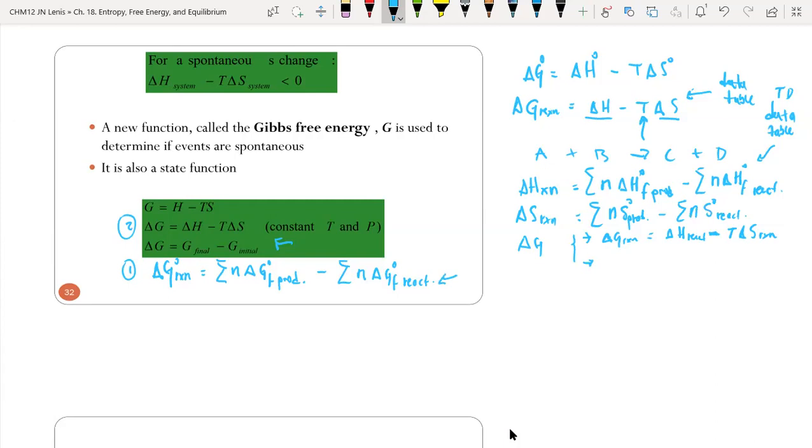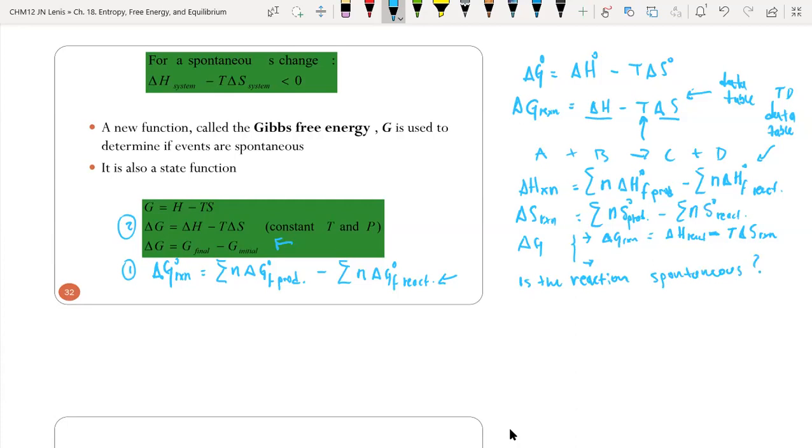And then the problem will ask you, is that reaction spontaneous?